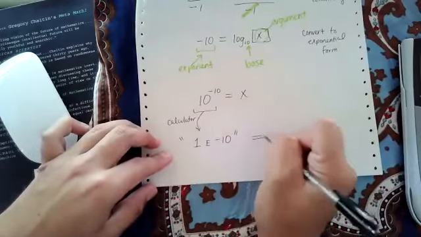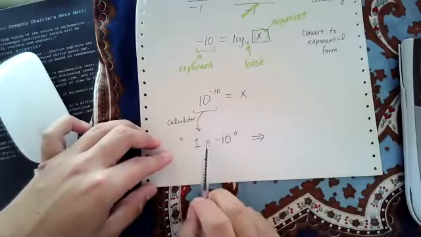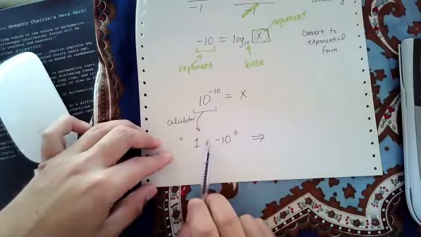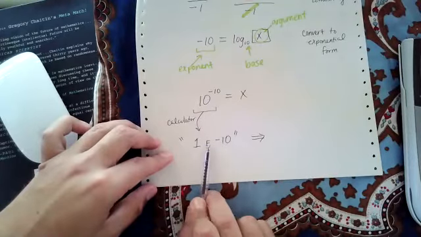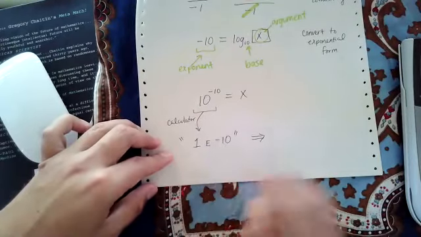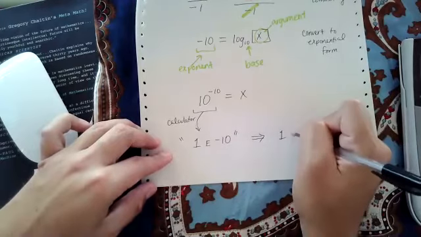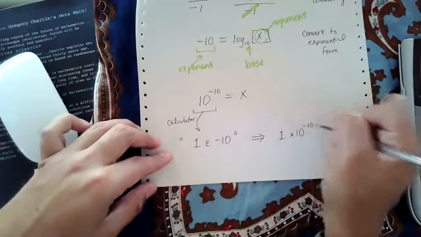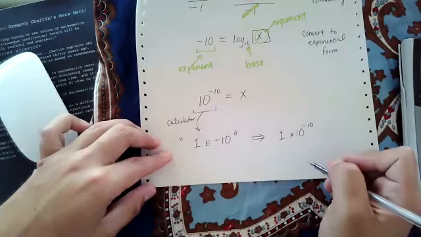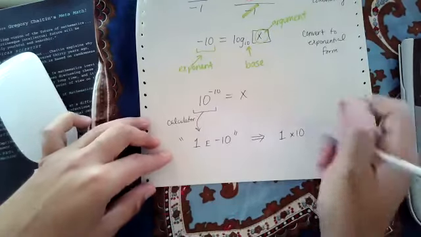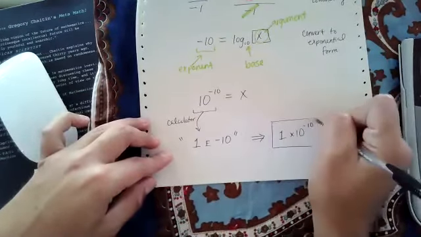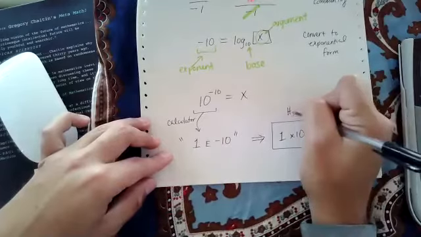And what you need to translate that to is that the E is saying times 10 with an exponent of negative 10. So 1 times 10 to the negative 10. So this is our hydronium concentration, what we were looking for, H3O plus.